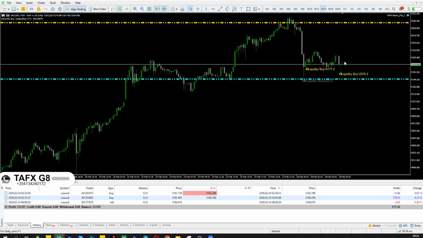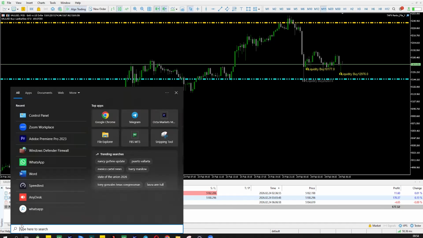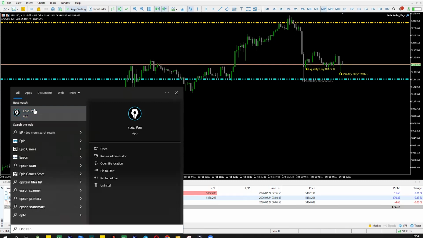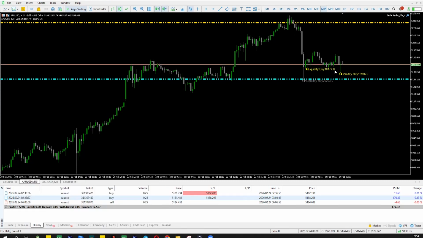There is a high possibility of going to this resistance, but we are not sure because this is the market, right? And anything can happen in the market. Let me bring my pen. So there are two possibilities in this market.